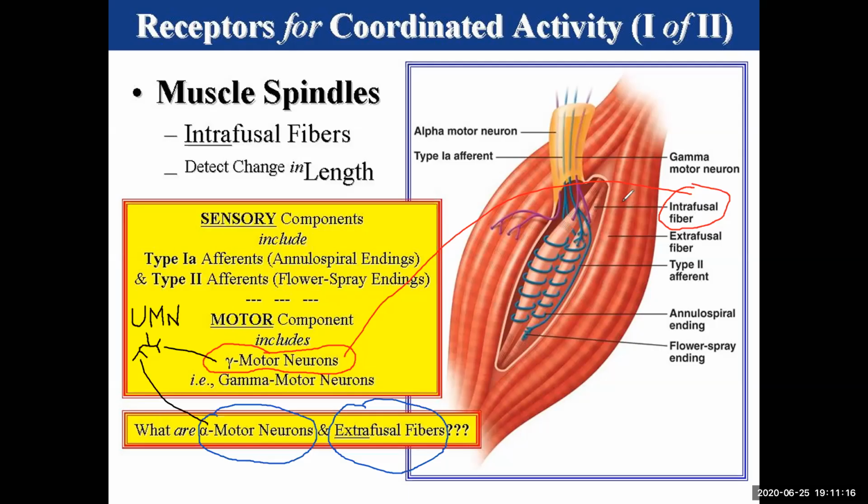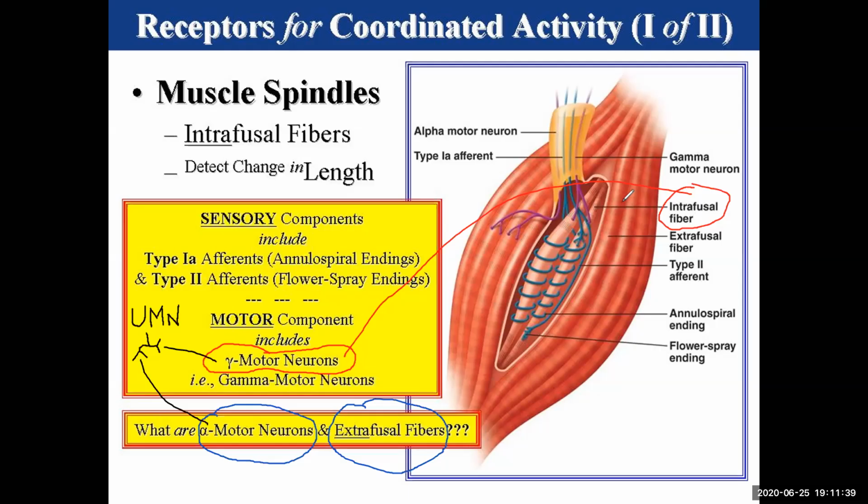The entire muscle becomes shorter. So as the length of the skeletal muscle as an organ decreases, that length change needs to be sent to the central nervous system.